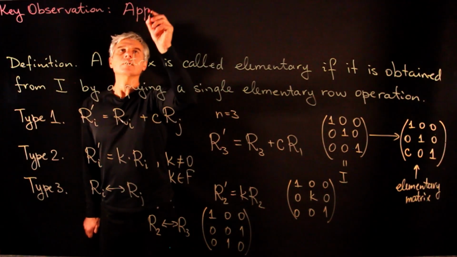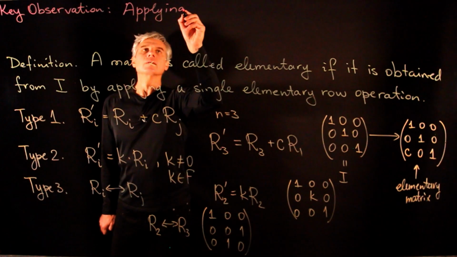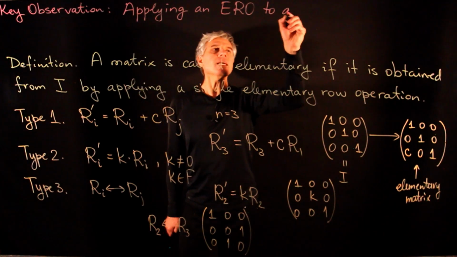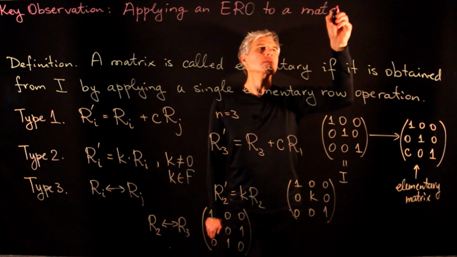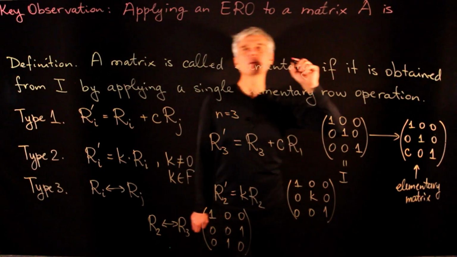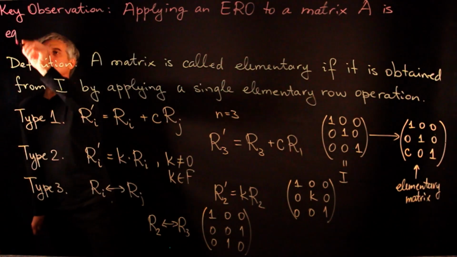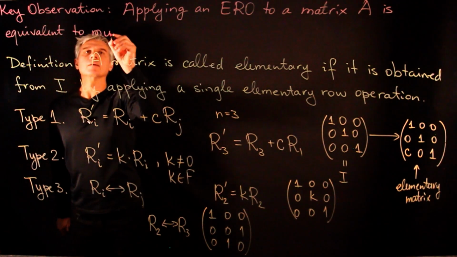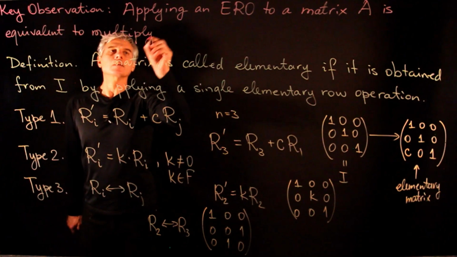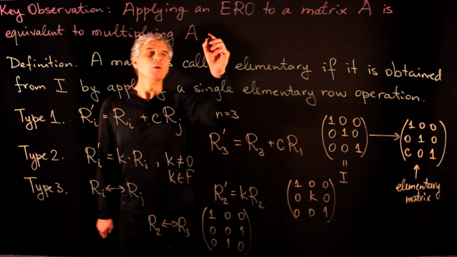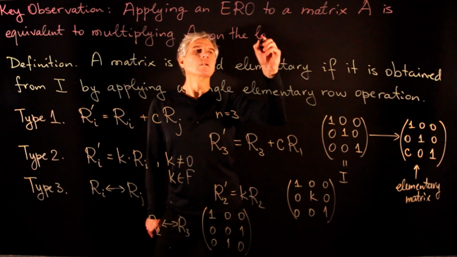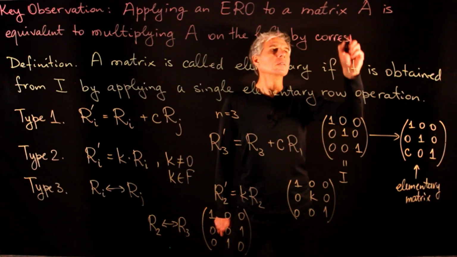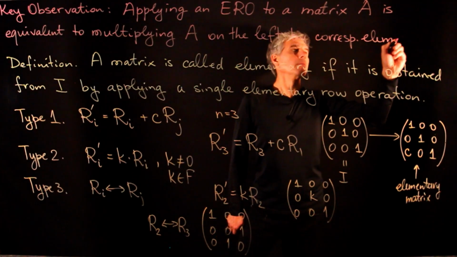Applying an elementary row operation to a matrix A is equivalent to multiplying A on the left by the corresponding elementary matrix.